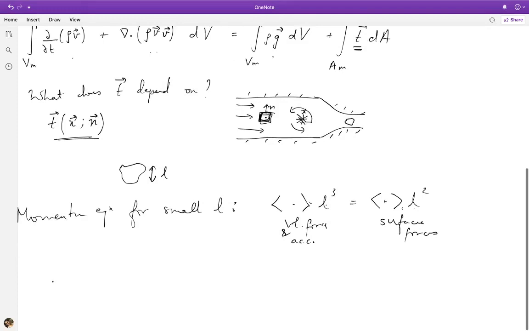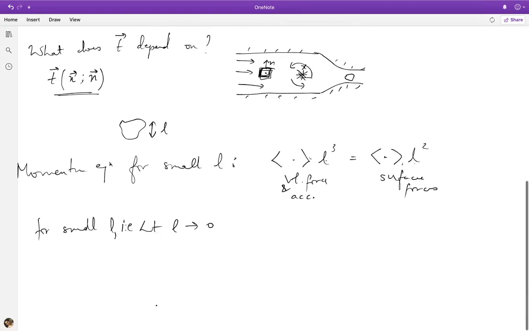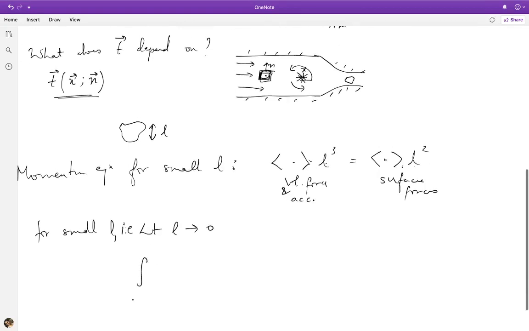Therefore, for small L, that is in the limit of L tending to 0, what we would really have is the integral over the surface forces must tend to 0.